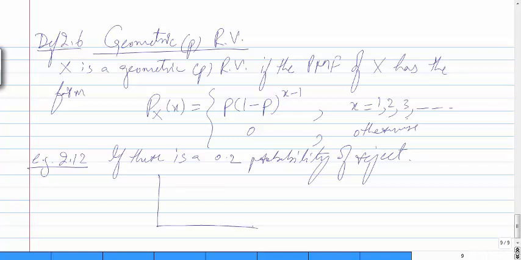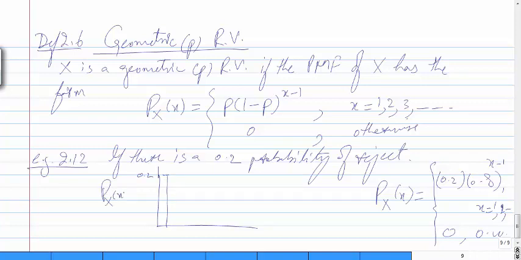In that case, p_X(x) is equal to 0.2 times 0.8 to the power x minus 1, for x from 1 on, and 0 otherwise. If I plot it, it starts from 0.2 and then starts decaying. And so this is the geometric series.